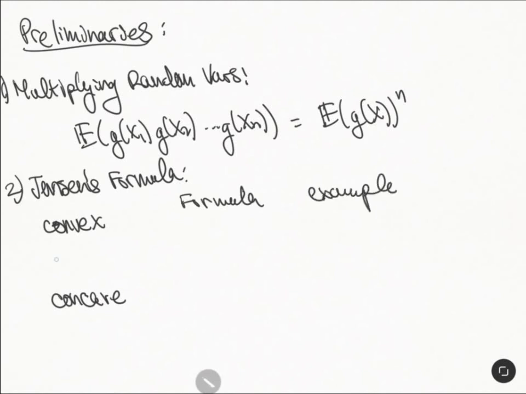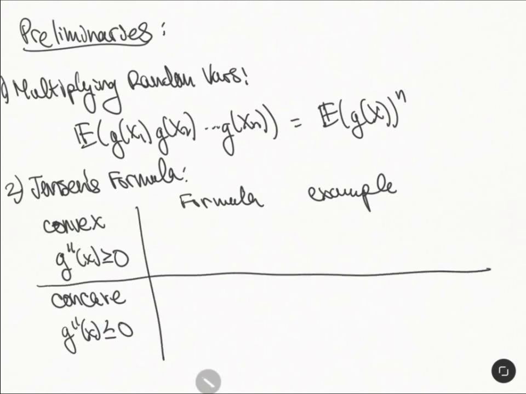Convex functions are functions where the second derivative is non-negative, and for concave functions the second derivatives are less than or equal to 0. The formula says that in the convex situation, the function of the expectation is less than or equal to the expectation of the function.